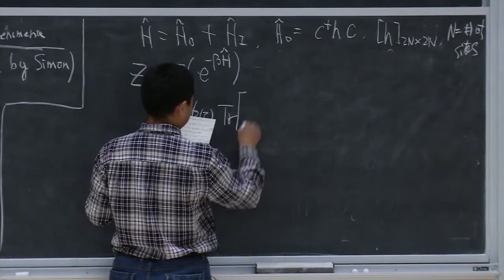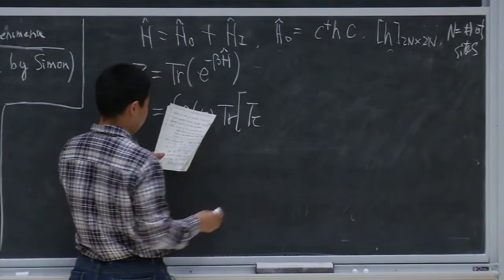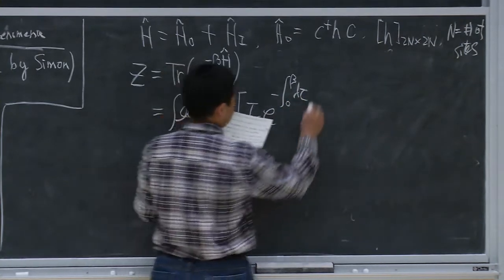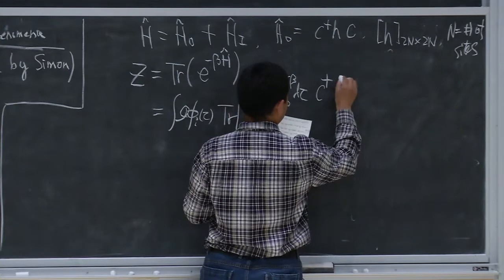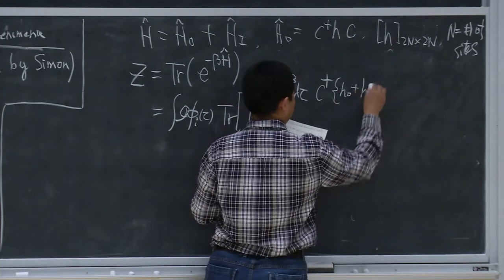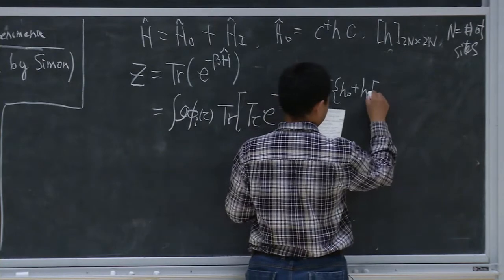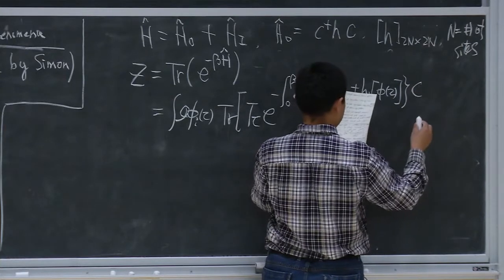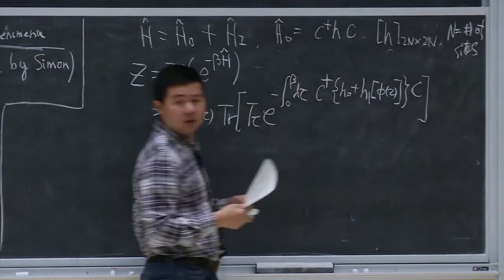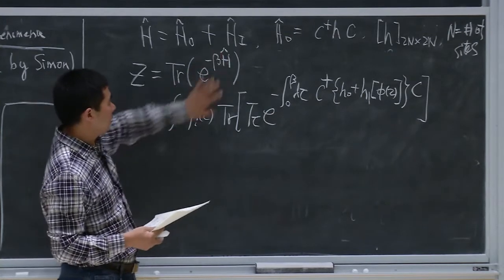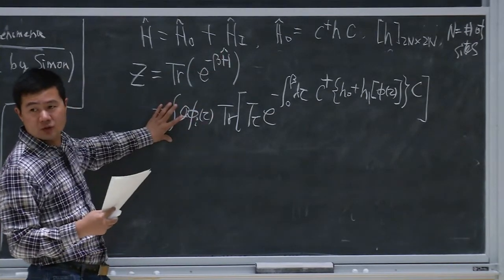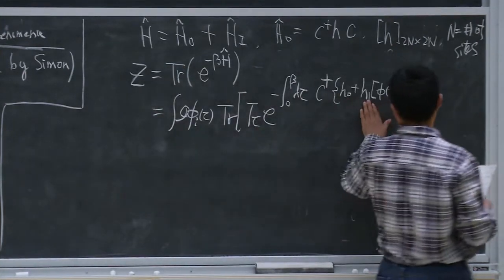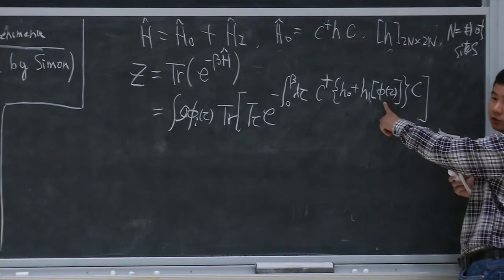The trace here is time ordered. So this interacting problem is converted by the Hubbard-Stratonovich transformation to a non-interacting problem. But now this non-interacting problem is coupled with the background or auxiliary field.